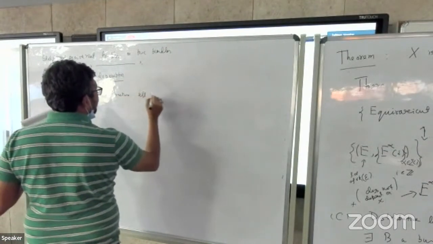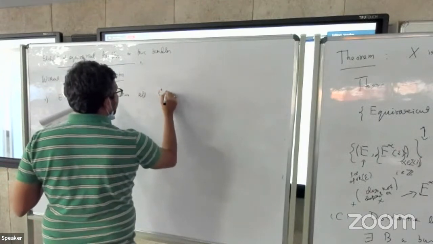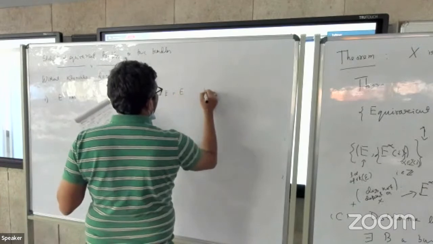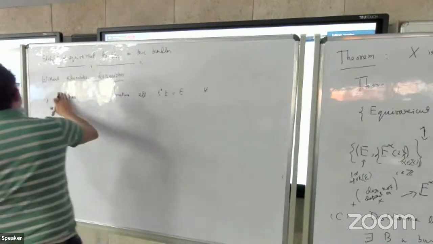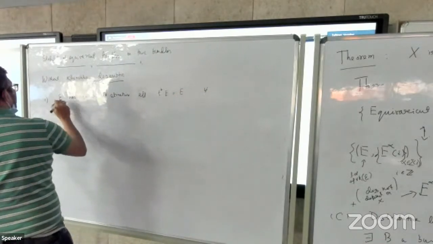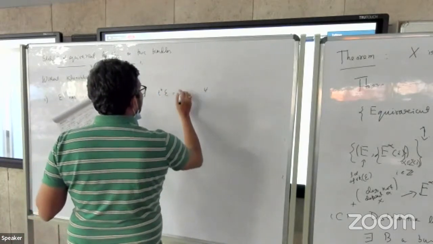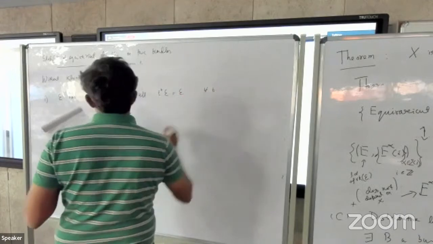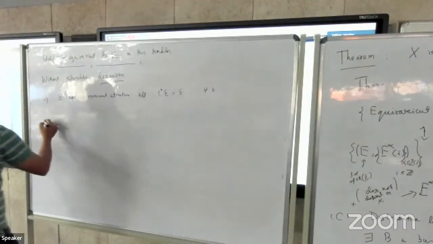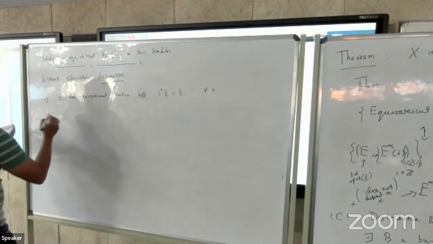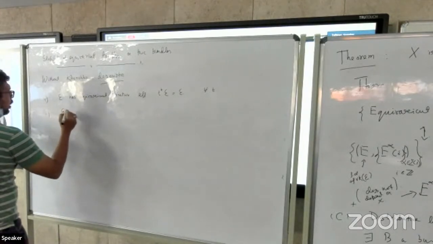If and only if T upper star of E is E. Or sometimes I should write child E because it corresponds to the vector space. And E is equivariant.